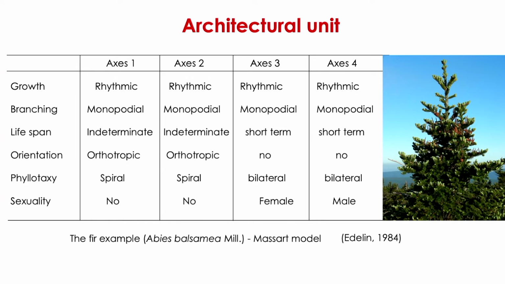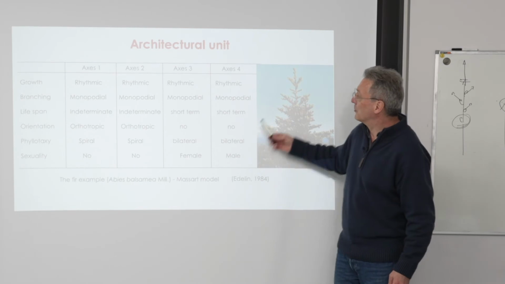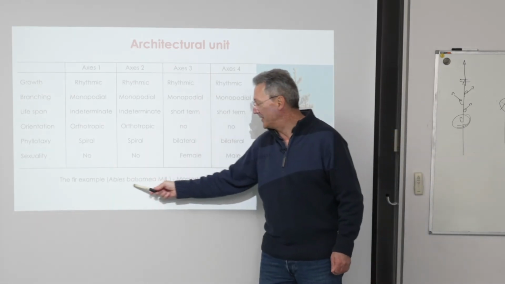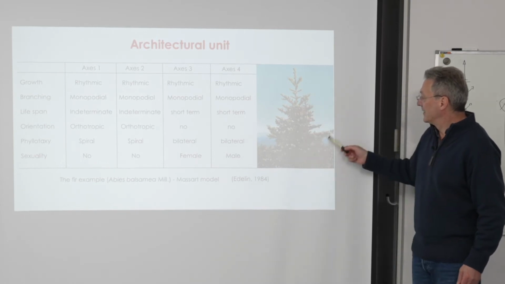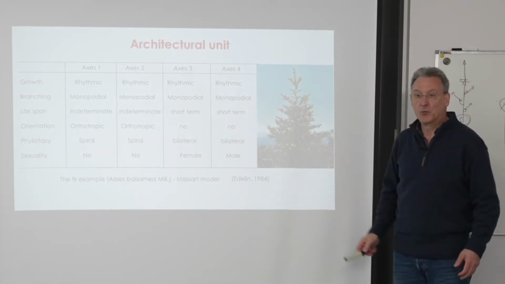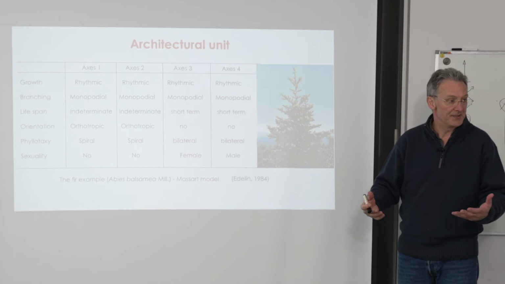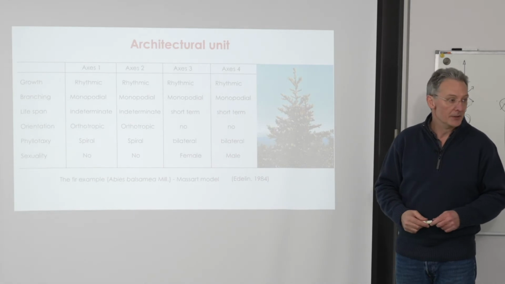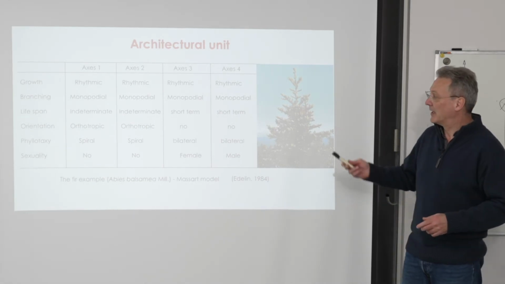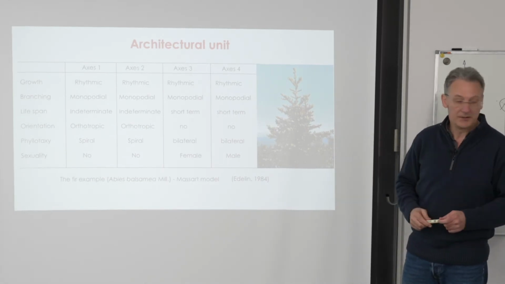This was made by Edelin, who is a French botanist, and he was studying this Abies balsamea, by looking at what sort of axis they are, where are the flowers, when do they happen during the plant's life, all the different traits that we described before.